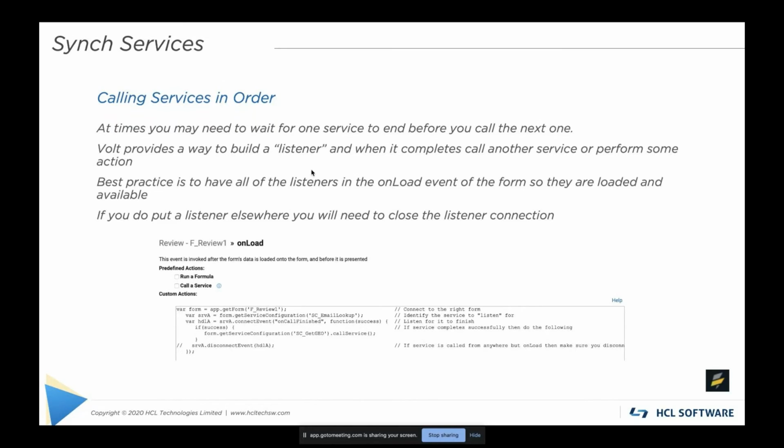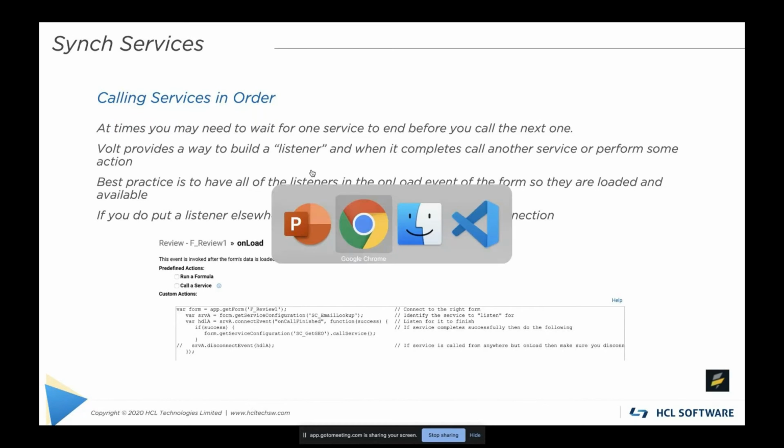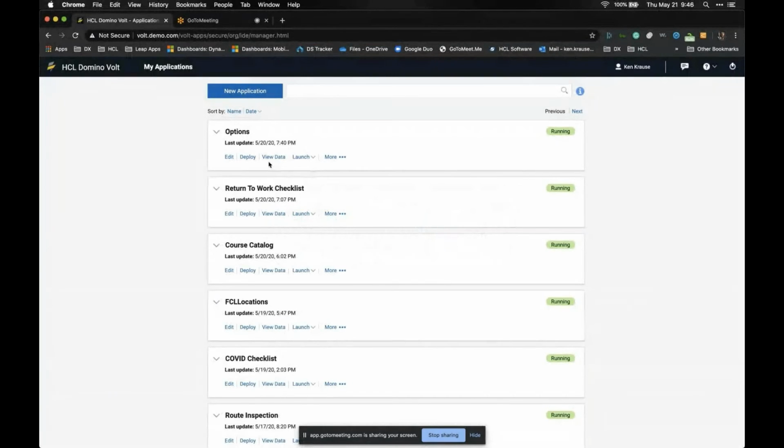The one caveat you have to keep in mind is that you then have to disconnect that listener, because otherwise every time that event fires, it's going to create another listener, and you're going to hit some performance issues and have multiple listeners for the same event. So as a best practice, put it in the onload event, but if you do put it anywhere else, make sure that you put in a close connection to that listener. And I'll show you what we've got here on that.